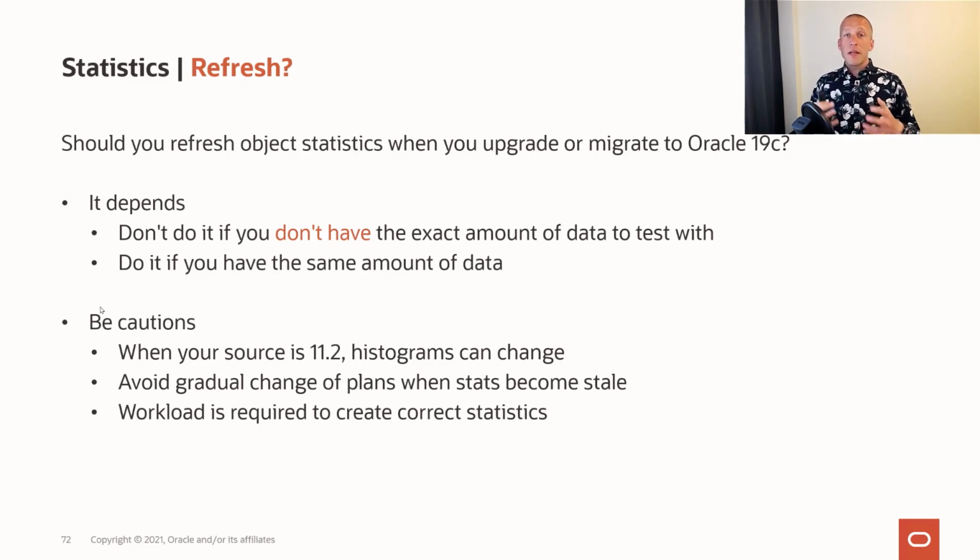For instance, when the database is gathering statistics, it uses workload information to determine whether or not histograms are to be created on certain columns. So if you want to refresh the statistics in your test database, I would recommend first that you run a representative workload on that database before you gather statistics.